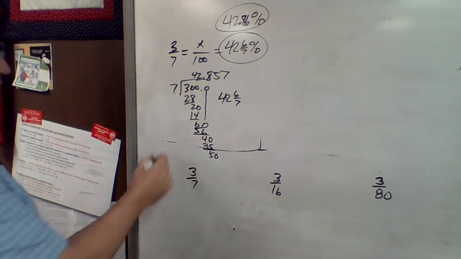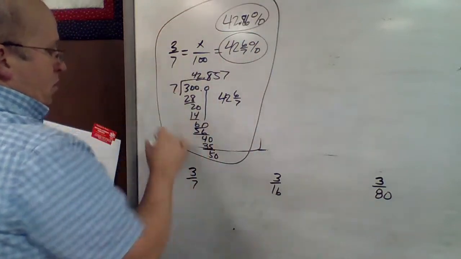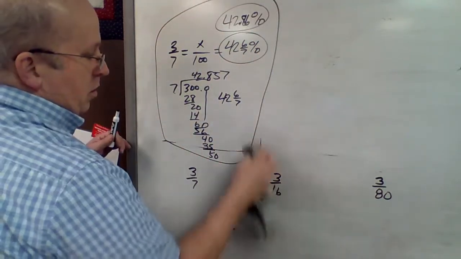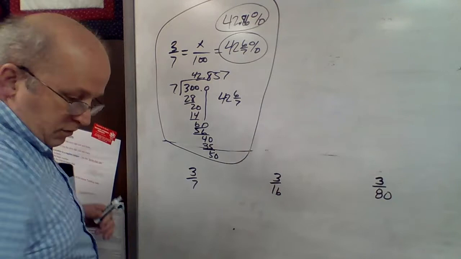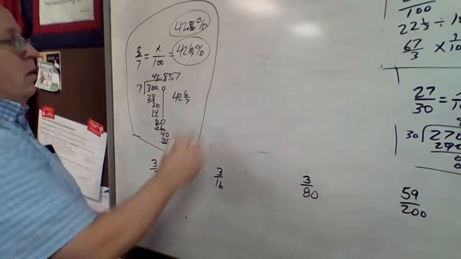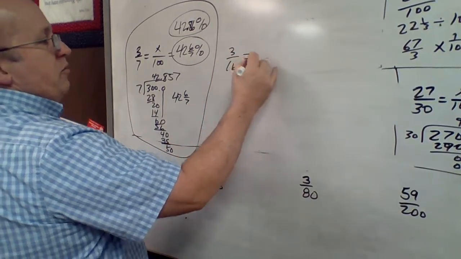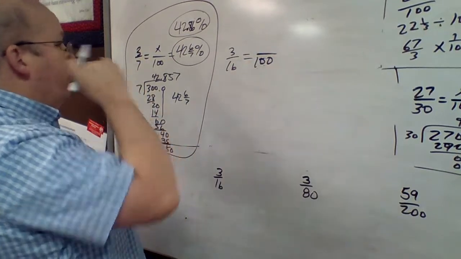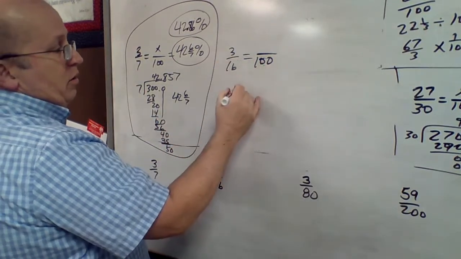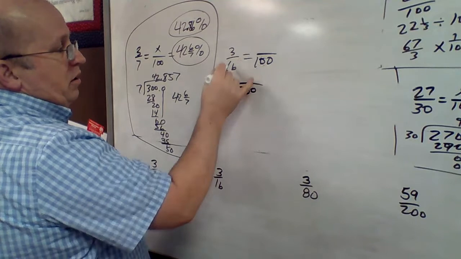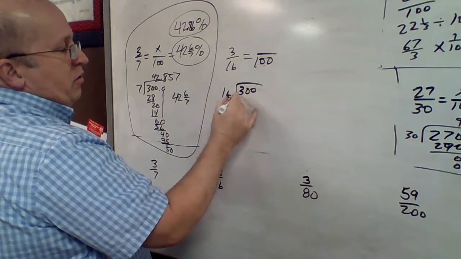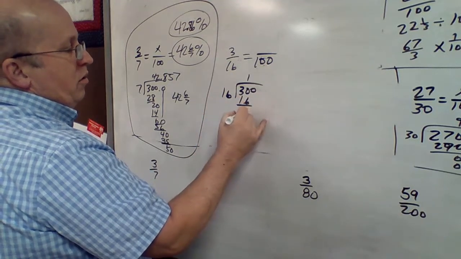Okay, let's go to 3/16. Again, I take the fraction and I turn it into something that has 100 as its denominator. 3 times 100 is 300. I divide by 16. 16 goes into this once.